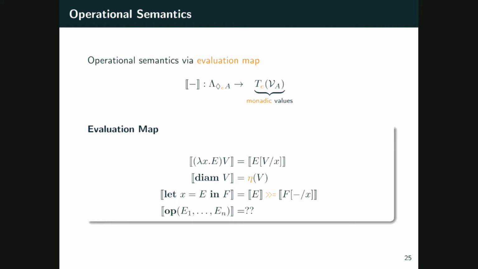And the evaluation map itself is defined in the natural way, relying, for instance, on the unit and the binding of the monad. The only thing that should be clarified is how we define the execution of operations, of the operation symbols we have in the calculus.